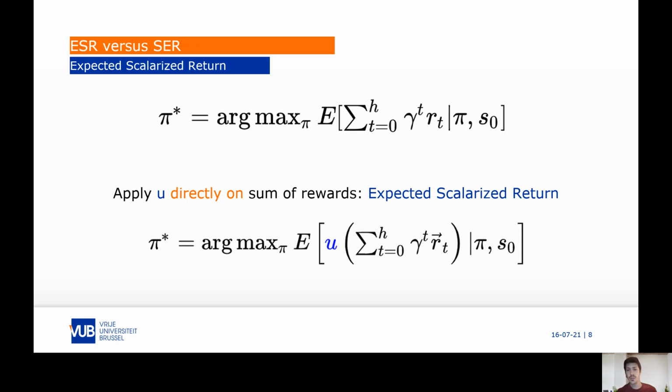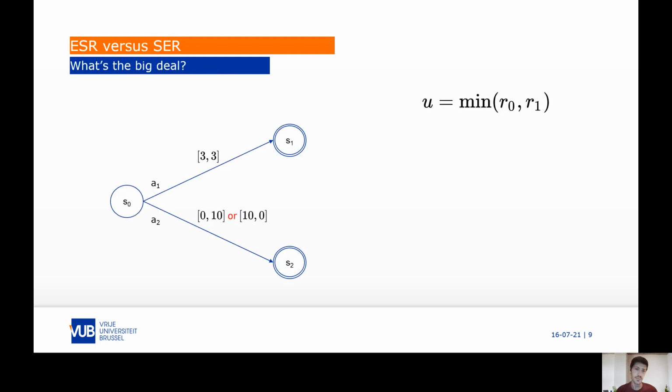So basically, we want a policy for which the utility is applied at the end of every episode. So every episode is important, so to say. We'll see with a simple example that this leads to different optimal policies.